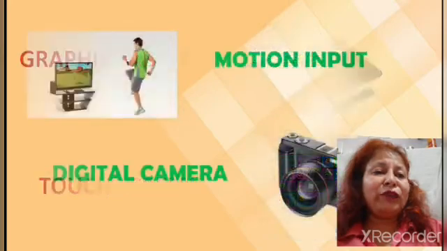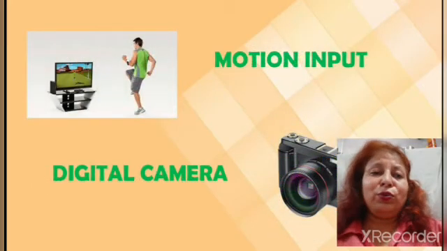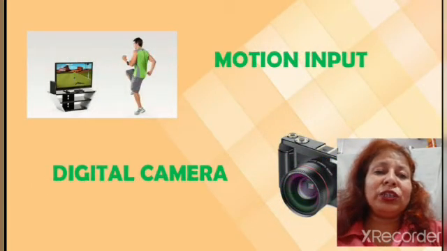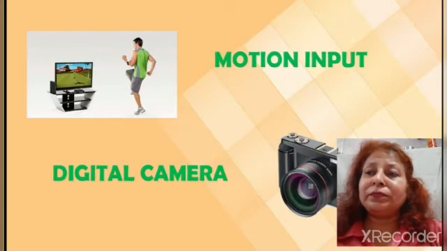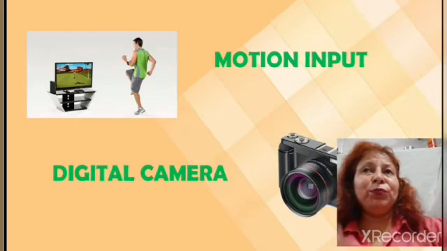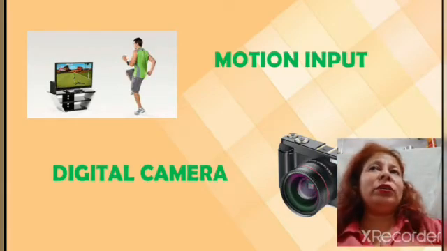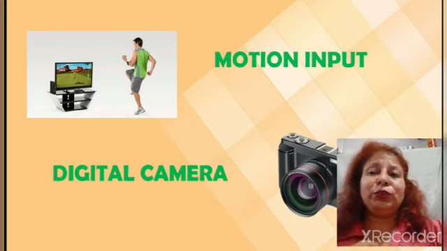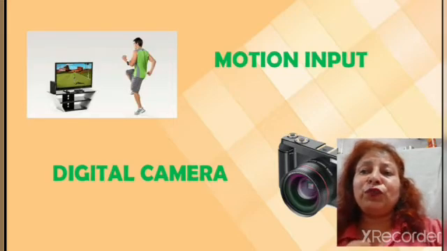Hope all of you have enjoyed. We are left with two more: motion input and digital camera. Motion input means when we move our body and the system takes our gesture as input data. Air gesture involves moving your body or a handheld input device through the air.